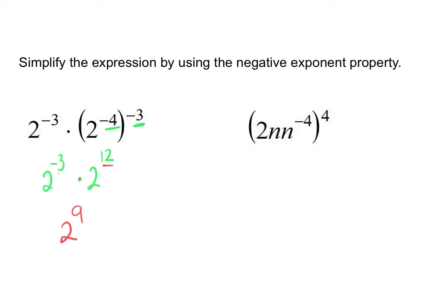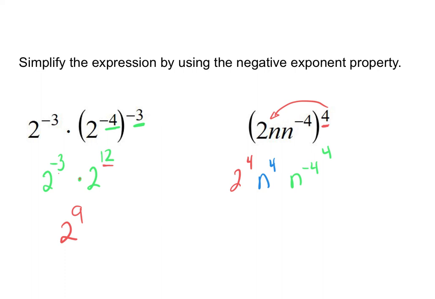In my second example, I have 2 to the n times n to the negative 4 power, all of that raised to the 4th power. So I have power to a power, so I'm going to simplify that. So we have 2 to the 4th power. We have the first n to the 4th power, and then we have the second n raised to the 4th power. 2 to the 4th power just means 2 times itself 4 times.